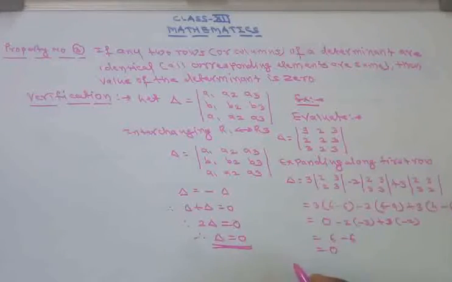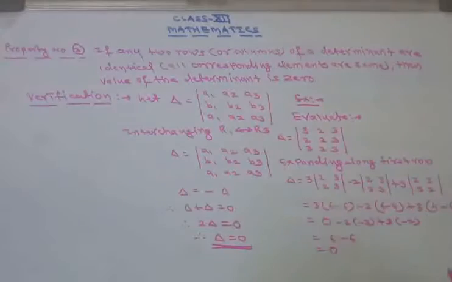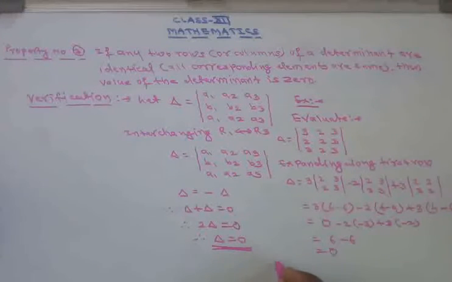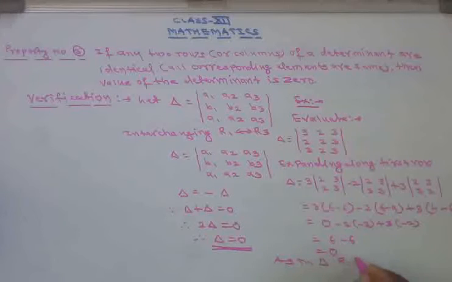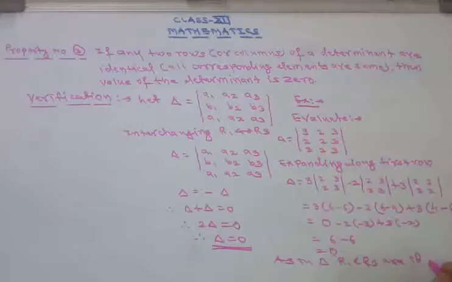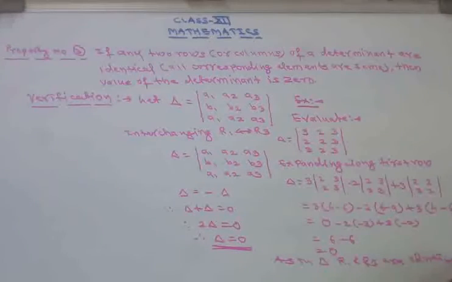So here R1 and R3 were equal, as in delta R1 and R3 are identical, therefore the value of the determinant is 0.